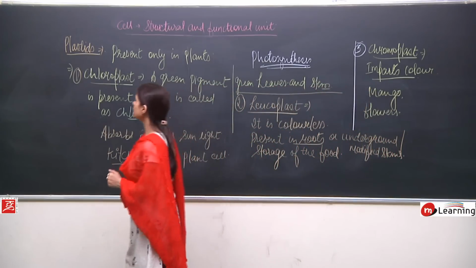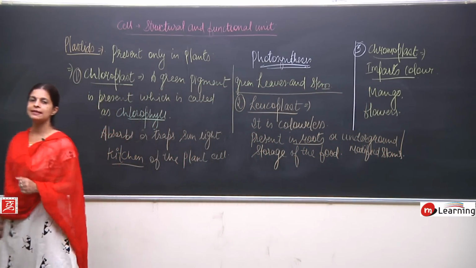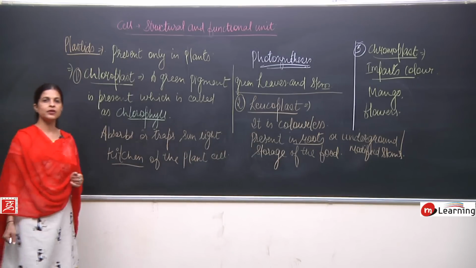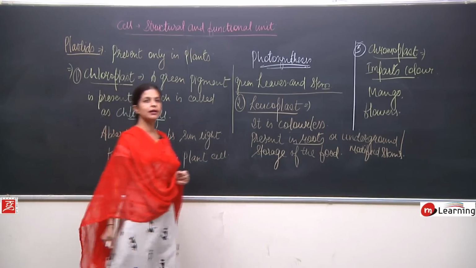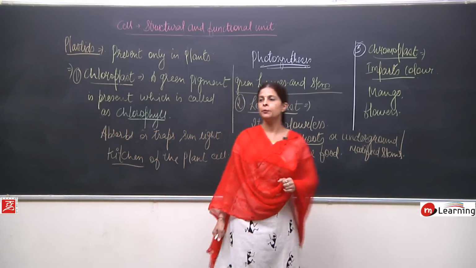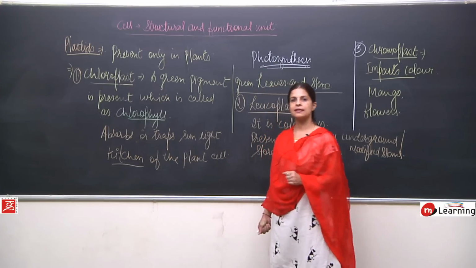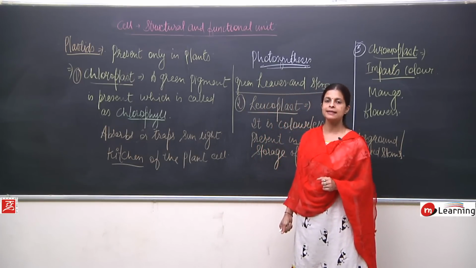We are not discussing the structure of plastids. It is a very detailed structure which you will study in higher classes, maybe 11th and 12th. Here we are just discussing a bit about plastids.